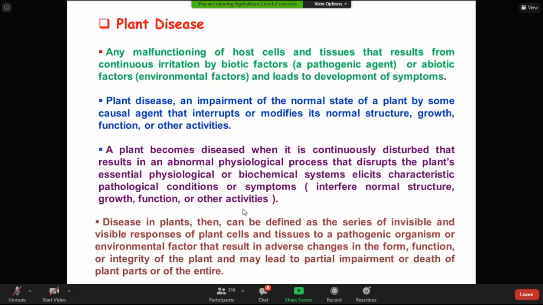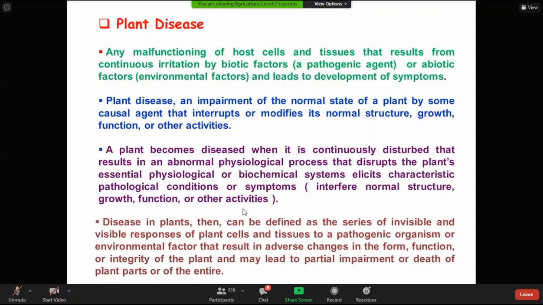Any malfunctioning of host cell and tissues that results from continuous irritation, that means continuous reaction with the host plant by biotic factors, meaning pathogenic agent or organism, or abiotic factors, meaning environmental factors like temperature, moisture, light, nutrient, and so on, leads to the development of symptoms.